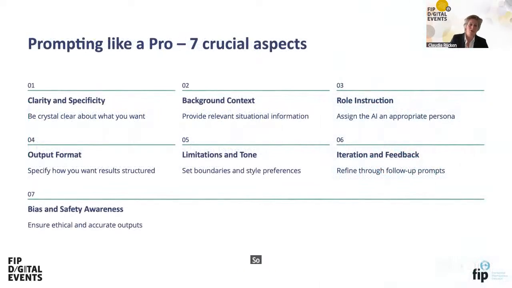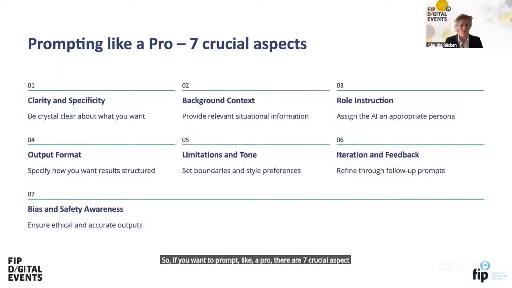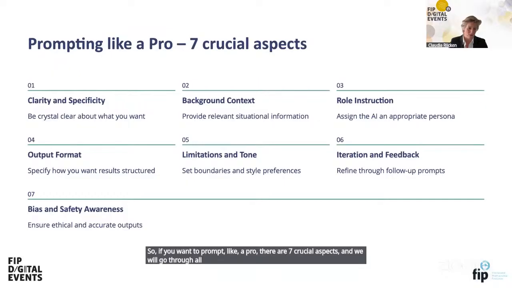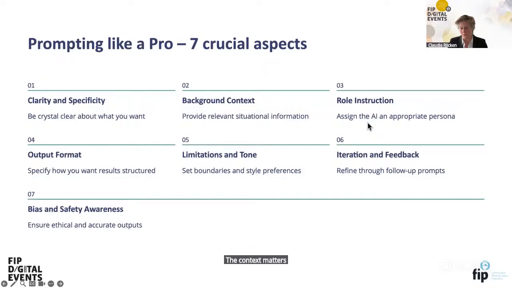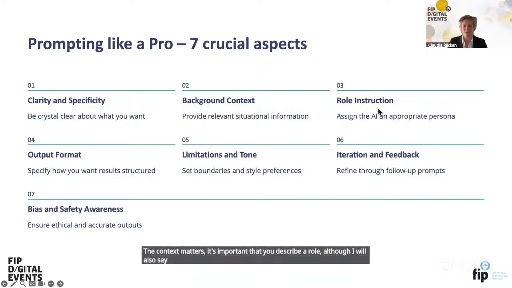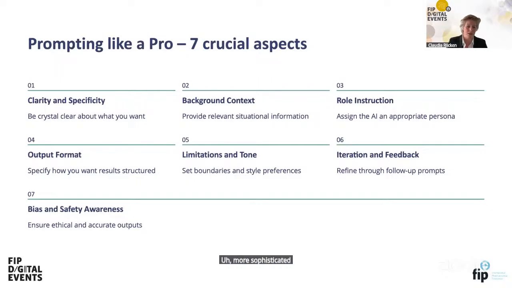So if you want to prompt like a pro, there are 7 crucial aspects, and we will go through all these 7 aspects within this webinar. You need to be clear and specific. The context matters. It's important that you describe a role, although I will also say something about the role instruction, which is a bit changing when the models are getting more sophisticated. They evolve, they are getting better.